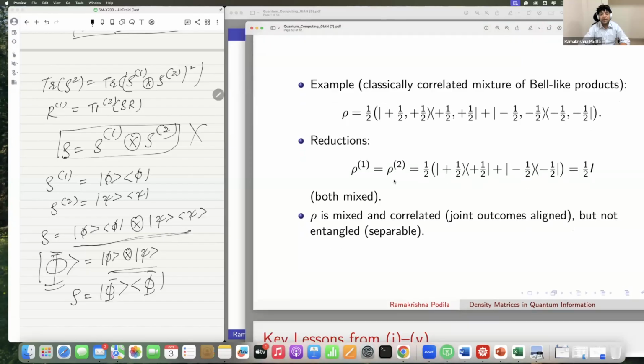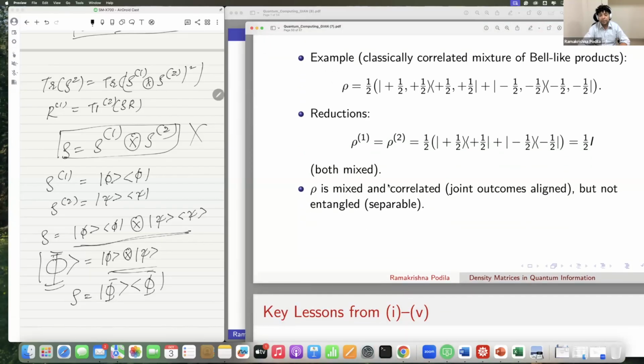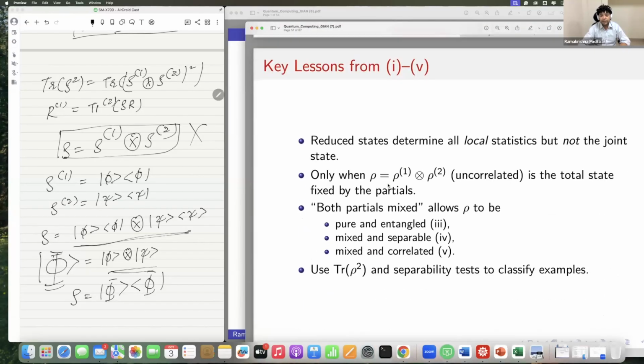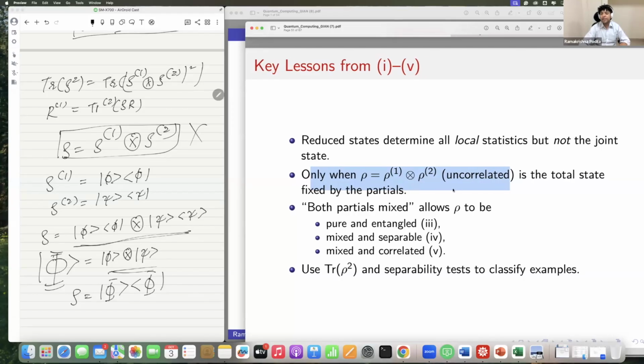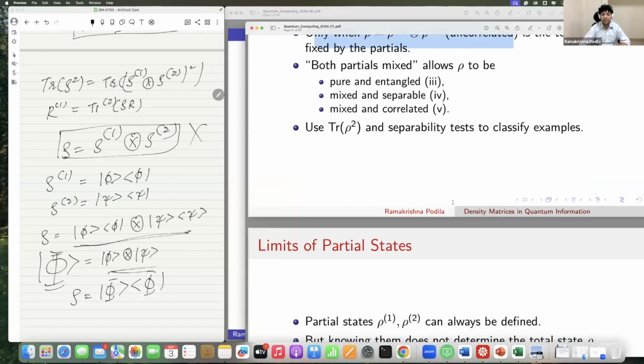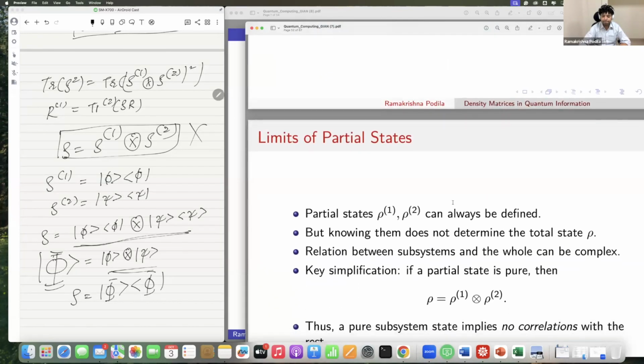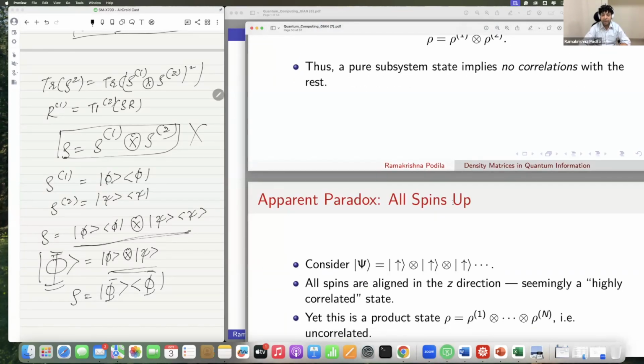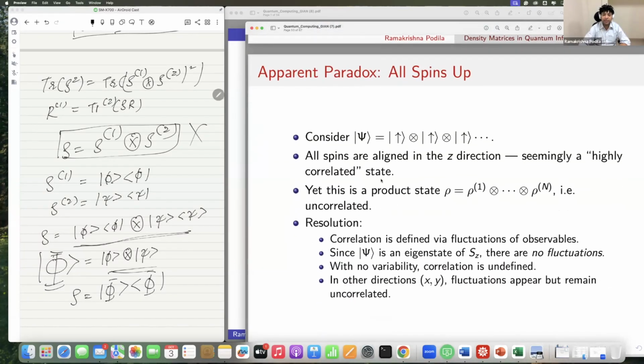So for example, if you look here, only when rho can be expressed as this product is the state uncorrelated. If you have a state that cannot be expressed like this, then we say it is correlated. And for example, here we can think of multiple spins.